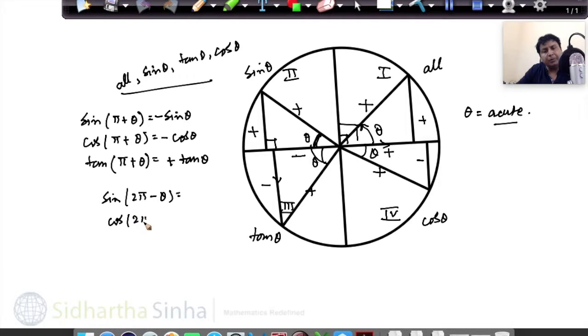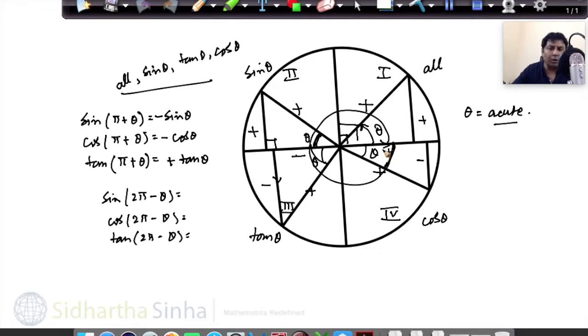Similarly, if I write all the quantities for sine 2 pi minus theta, cos 2 pi minus theta, tan 2 pi minus theta, you consider 2 pi as 360 degrees, and then minus theta.